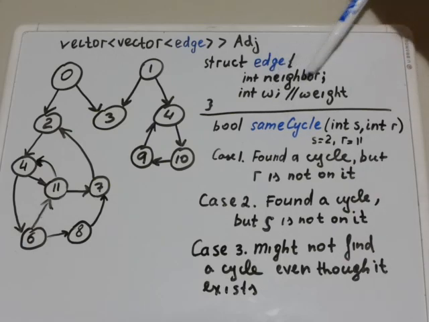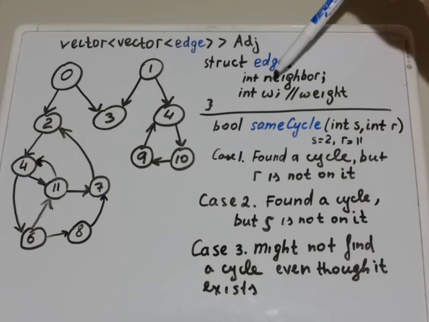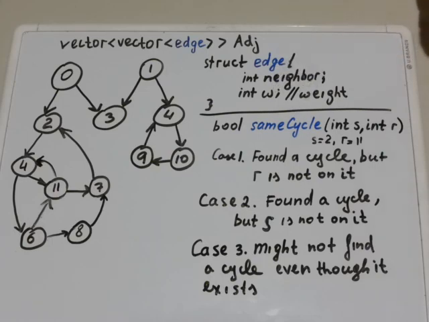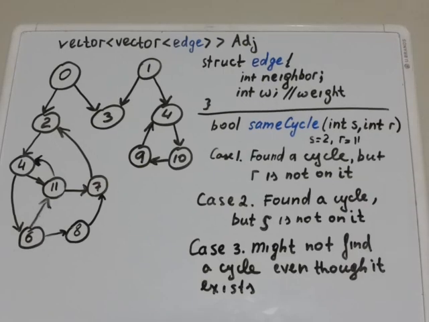Neighbor is just the vertex to which this edge goes, and w, an integer, holds some additional information that might be useful to solve some problems.